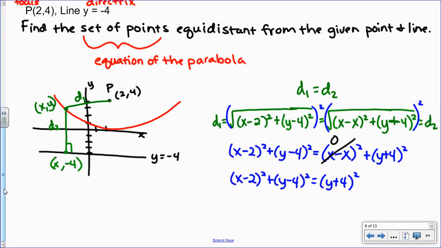I'm going to move the (y minus 4) squared to the right to be with the (y plus 4) squared, because I know that I'm going to end up with some like terms here. So I'm going to subtract (y minus 4) squared from both sides.